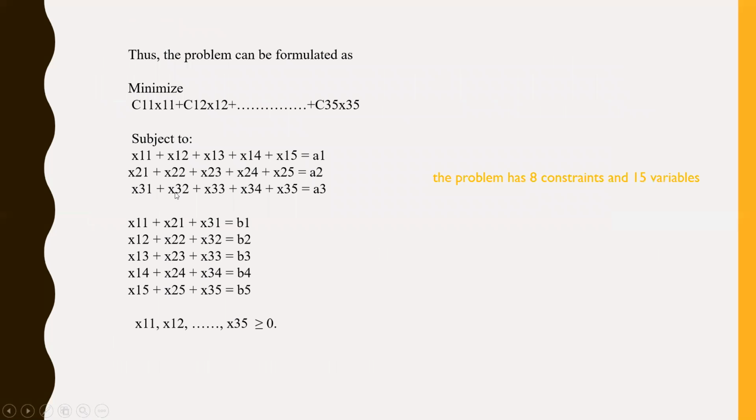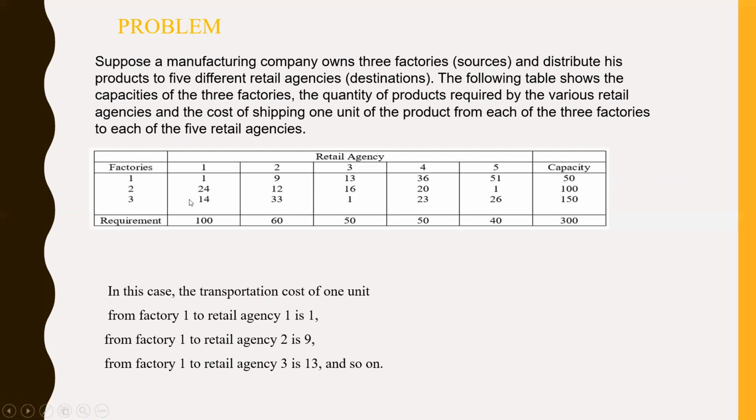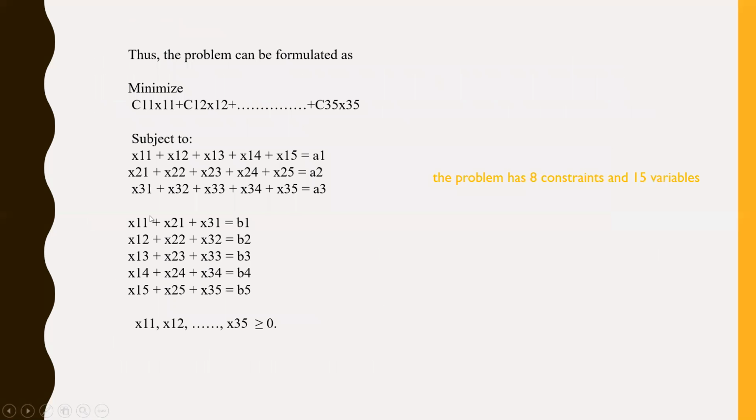Then we have X31, X32, X33, X34, X35 equals A3, which is 150.